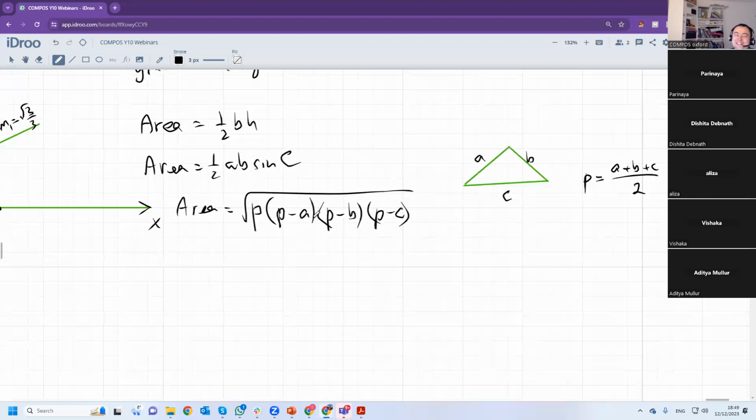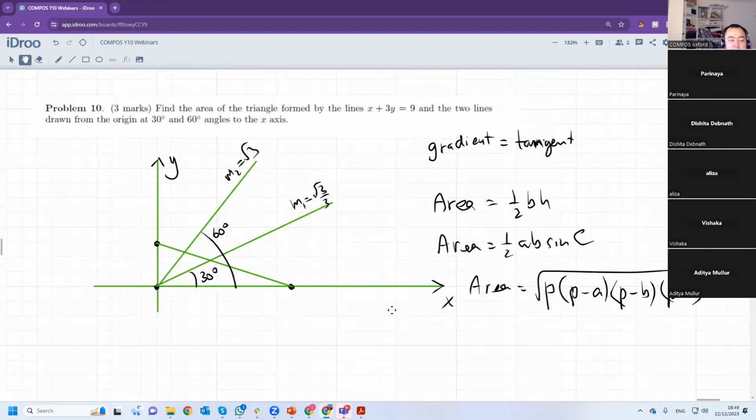So this is quite an interesting formula. The y-intercept is 0, of course, because it goes through the origin.